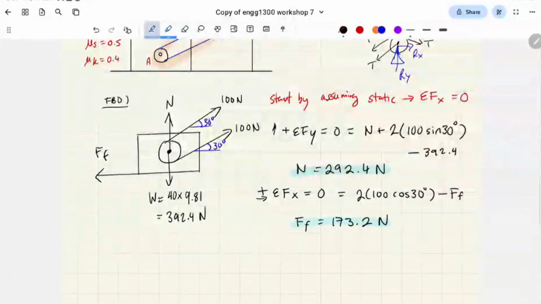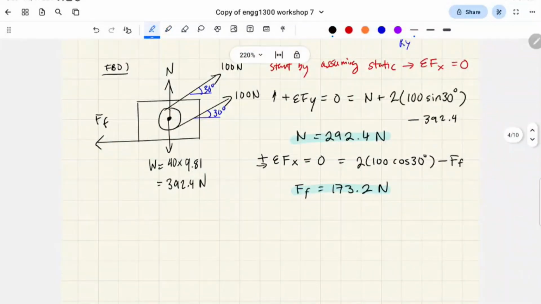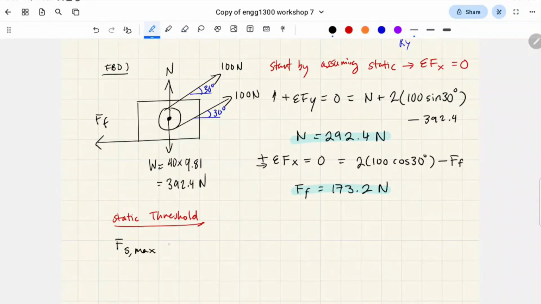Okay. So now we have to compare that to our static friction threshold, which I'm calling FS. Let's call it FS max. So this is the one which requires the normal force in the equation.